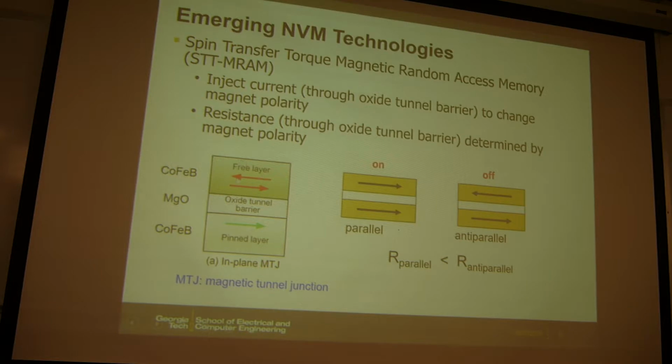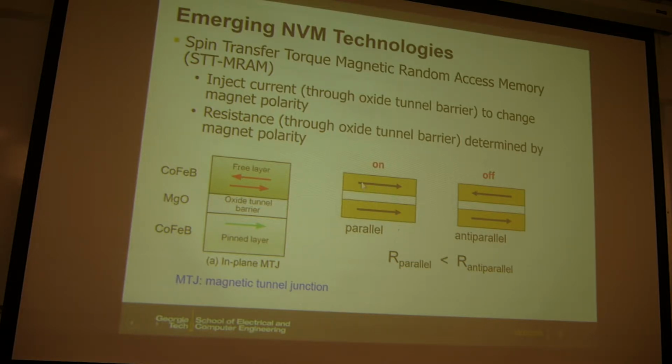And then we have a free layer here, whose magnetization polarity you can tune, left or right. So by writing data into this memory cell, you have two configurations. One is the parallel configuration.